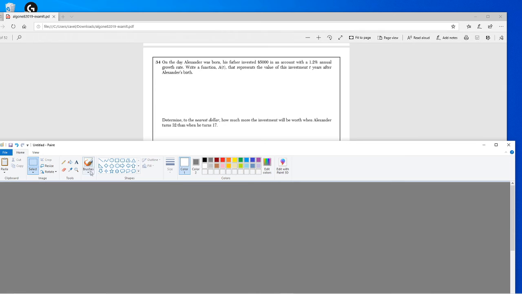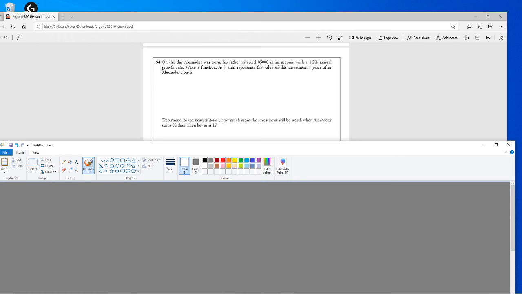Let's see what this is about. On the day Alexander was born, his father invested $5,000 in an account with a 1.2 annual growth rate. Write a function A of t that represents the value of this investment t years after Alexander's birth.